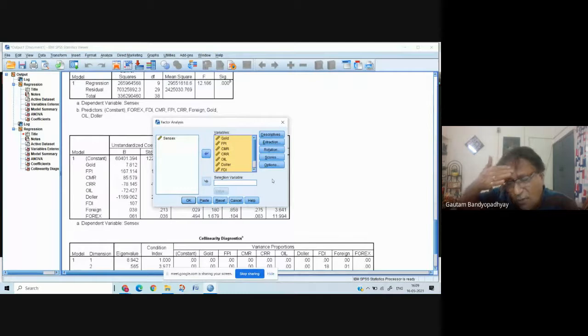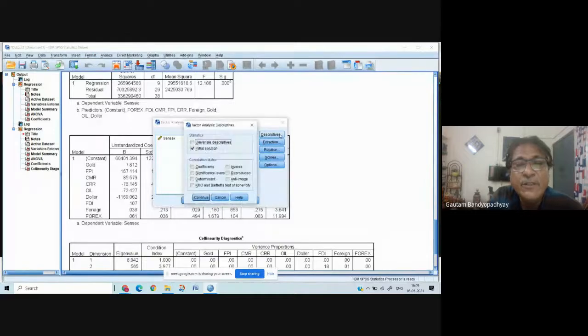Not only that, we have to select the value of the determinant. We have to select the KMO and Bartlett test. Automatically, we have to select the PCA. So from Descriptives, we can select many things. What things will we select?